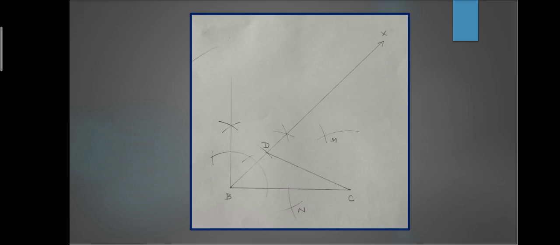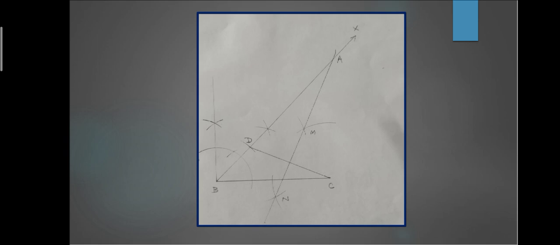Now we need to make the perpendicular bisector of CD. So we will make arcs from C and D on both sides to get the points M and N. Next we will join MN and extend it to get the point A. So in the figure you can see that when we join MN we get a point of intersection with the ray BX.